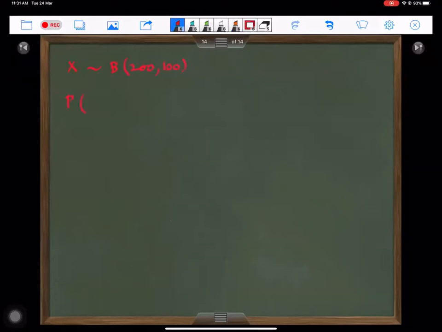Find the probability that the weight of an apple is greater than 210 grams. Probability z is greater than 210 minus 200 divided by square root of 100, which is 10. Probability z is greater than 1. 1 minus phi of 1. 1 minus 0.8413 from the table, which comes out to be 0.1587. This is the probability that the weight of an apple in grams is more than 210 grams.